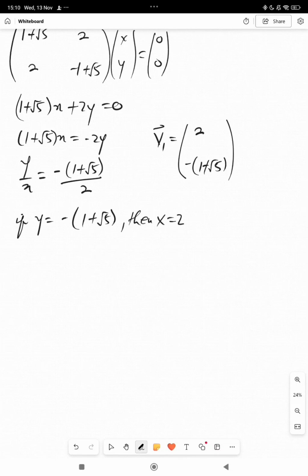Now let us write an equation of a line. So we have y equal to minus 1 over 2 times x times 1 plus root 5. We will come back to this later.